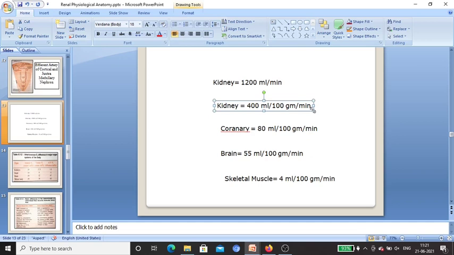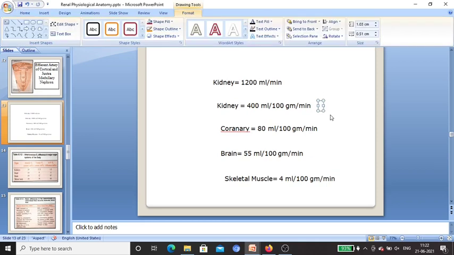From here, the concept of renal blood flow originates. If you compare the renal blood flow, it is around 20% of total cardiac output. How much is it?